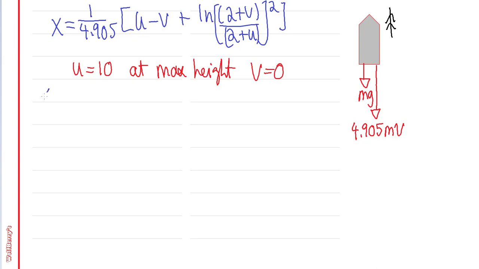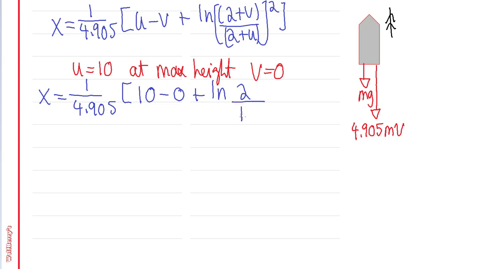So x will equal 1 over 4.905, open bracket, 10 minus 0 plus ln. Now, 2 plus v. v is 0, so the top will be 2, divided by 2 plus u. u is 10, so the bottom will be 12, all squared.